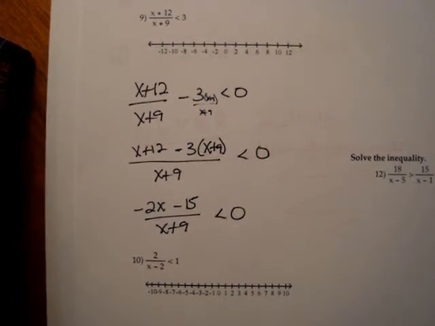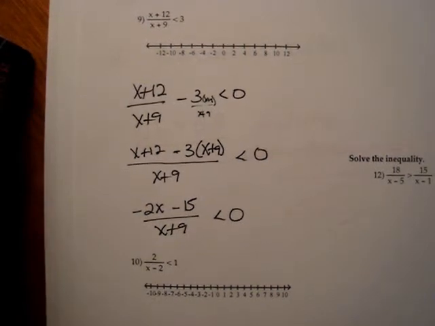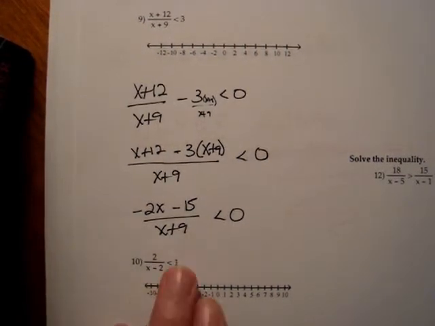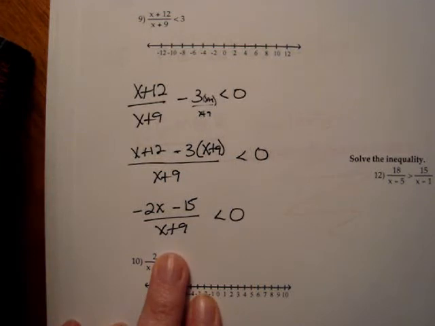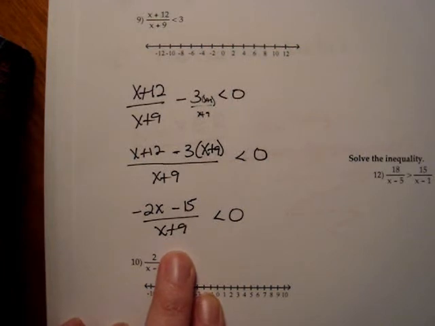You should hit pause right now and do that math and make sure I haven't made a mistake. And now, let's find our zeros. From the bottom, I get a 0 of negative 9. Now, let me tell you something about a rational inequality. The 0 that comes from the bottom is always an open dot.